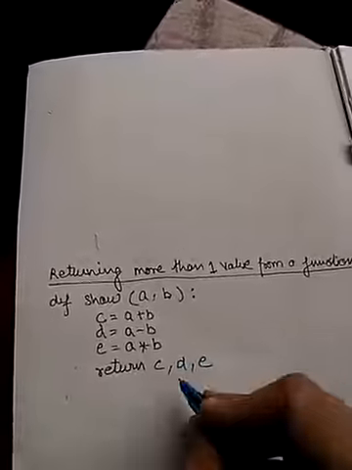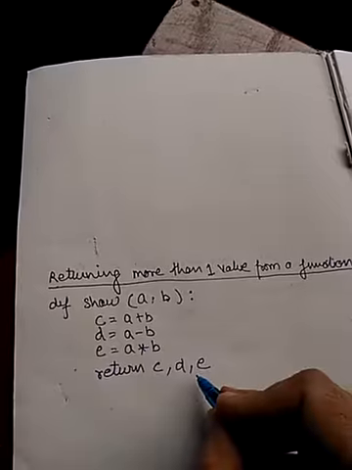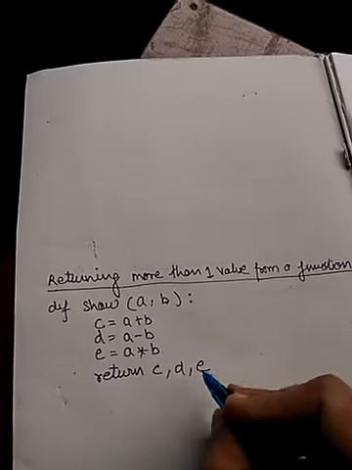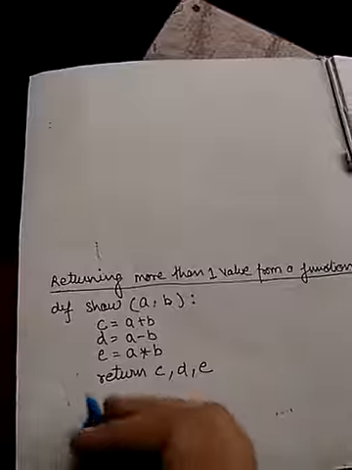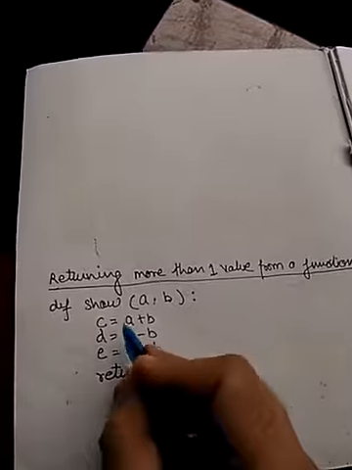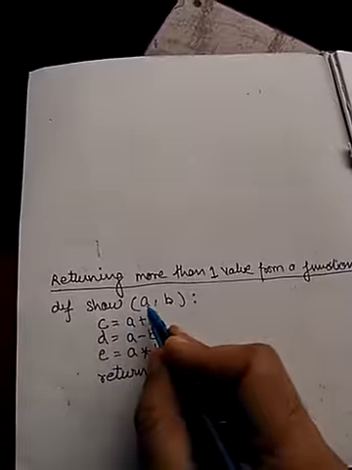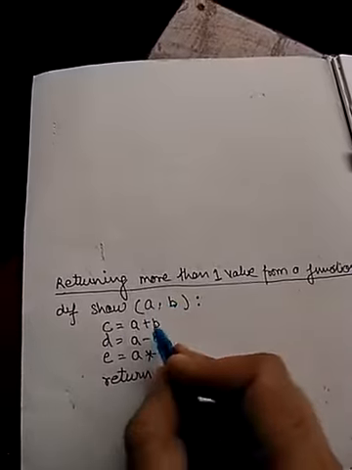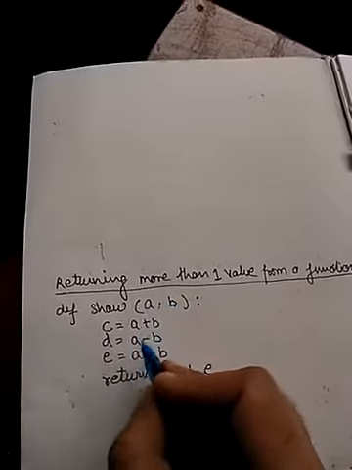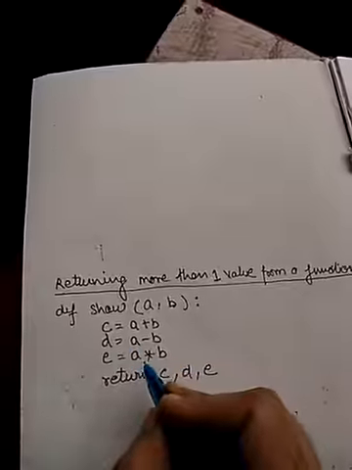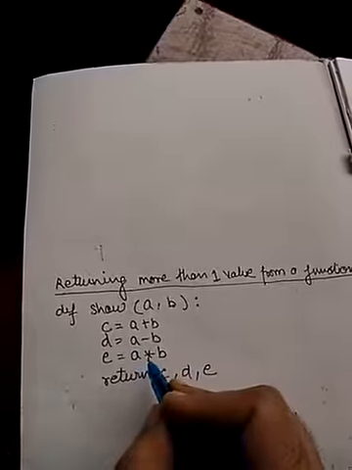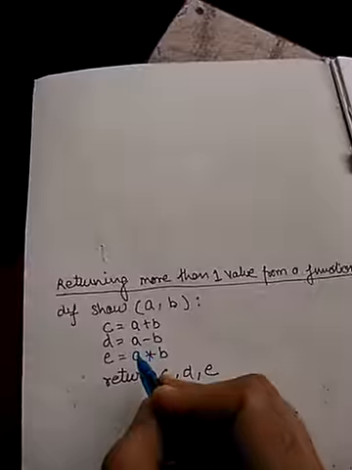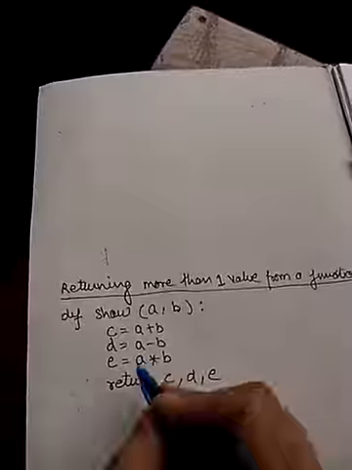So you can return more than one value at a time from a function. Now see what will happen when we call it. When we call this function and pass the values, let us say 2 and 3, it will return the sum, difference and product. The returned values will move to the calling function.